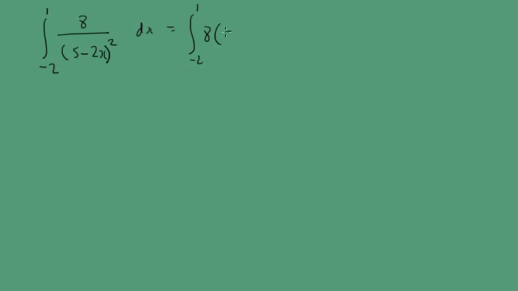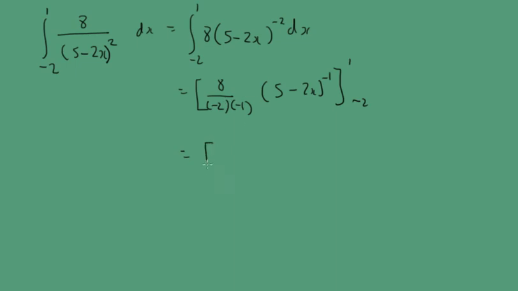So we'll have 8 times 5 minus 2x to the minus 2 dx, and using what we learnt from the last lesson, we will integrate this: 8 over minus 2 times minus 1, 5 minus 2x to the minus 1, and the limits are minus 2 and 1.